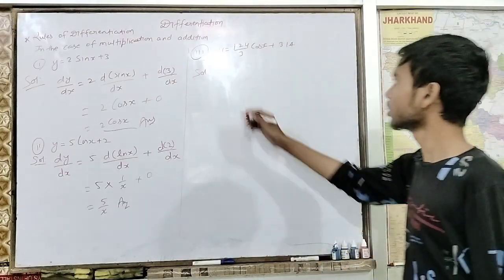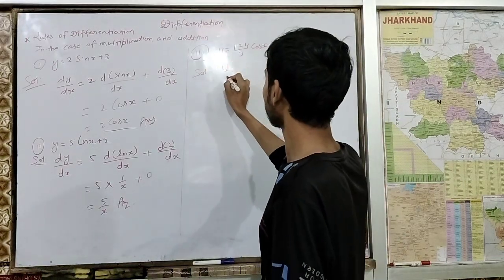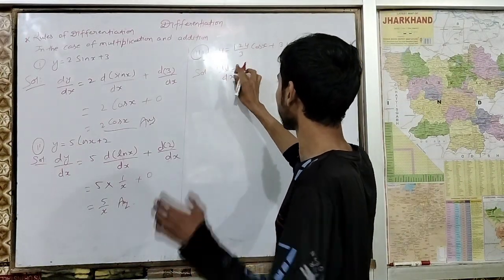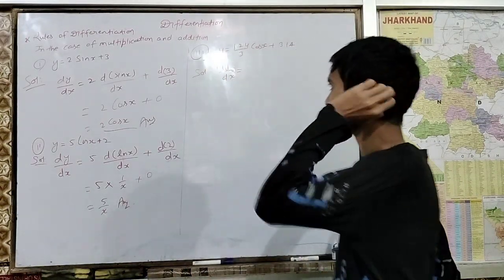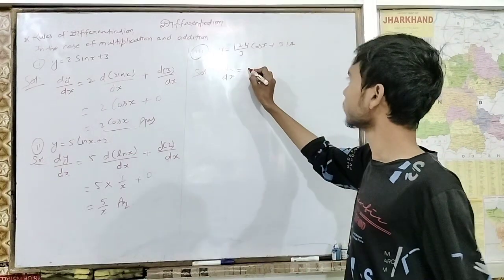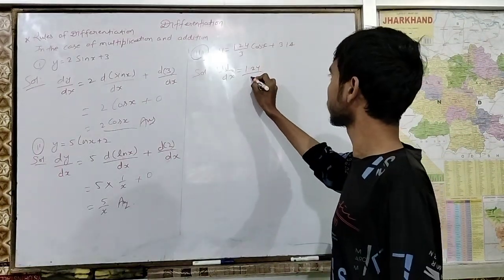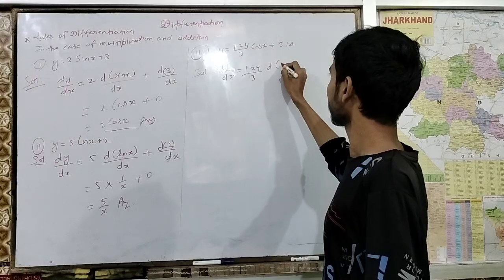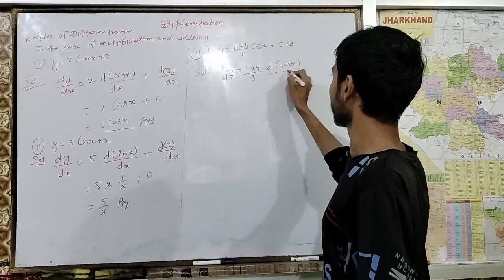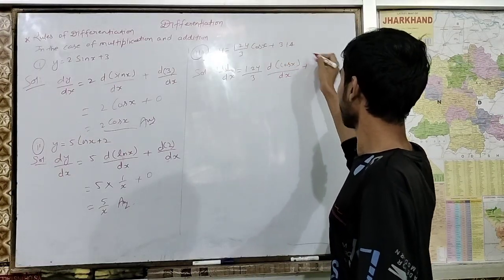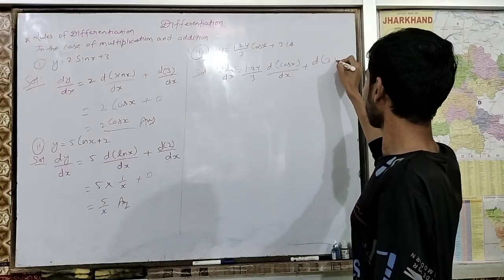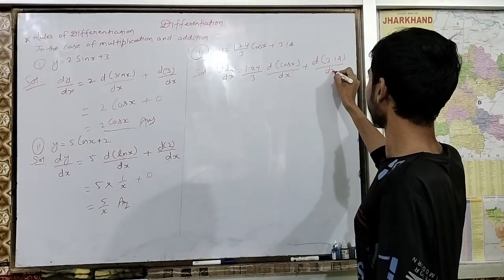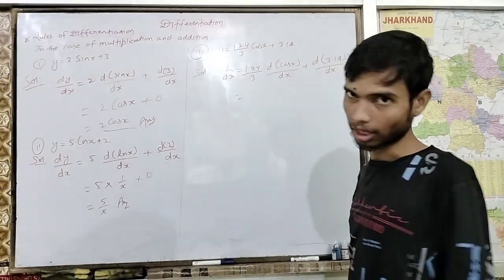dy upon dx. Clear? Now this will stay as it is, cos x upon dx, and here 3.14 upon dx. Now apply this rule.